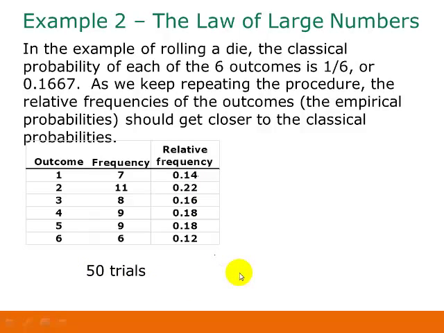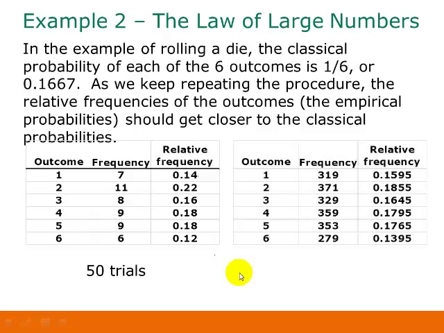So if we do this again, when we do a lot more trials, say if we do 2,000 trials, so 2,000 rolls of the die, record all of the results, then notice what happens to our relative frequencies. We still have some that aren't quite as close to the 0.1667, but they're much closer than they were when we only had 50 trials.